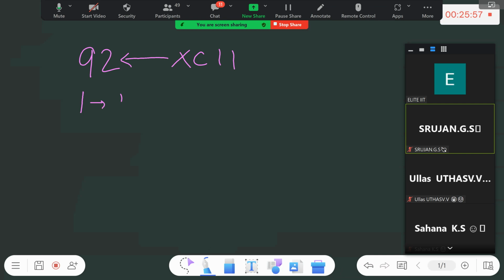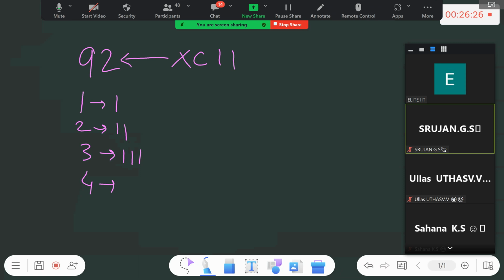See. 1 means I. Okay? 2 means double I. 3 means triple I, isn't it? I'll just write it like this. 3 means triple I. Now 4, hold on.